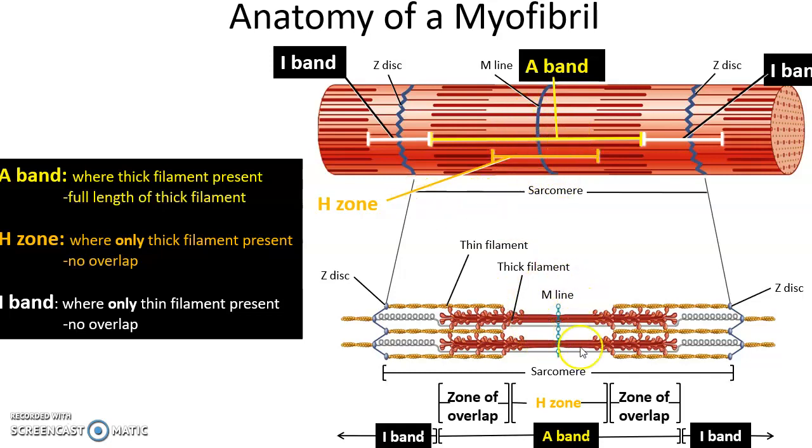And then the I band is at the ends of the sarcomere, and it is where there is only thin filament and no thick filament. So I band, only thin filament. H zone, only thick filament. And of course, there are zones of overlap where we have both thick and thin filament.